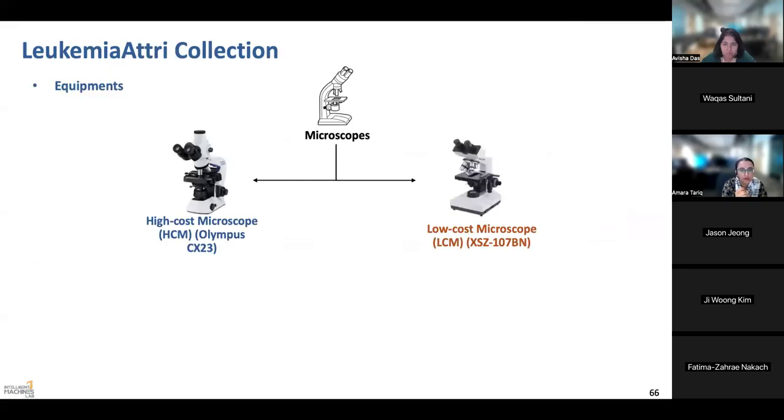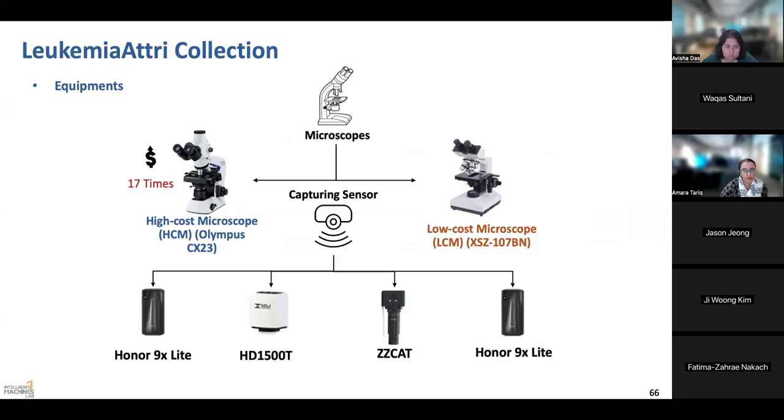So what we did was actually the same thing. We have the 2 microscopes that we used before, but this time we have multiple cameras. We use a mobile phone on this microscope, so we attach the mobile phone here.